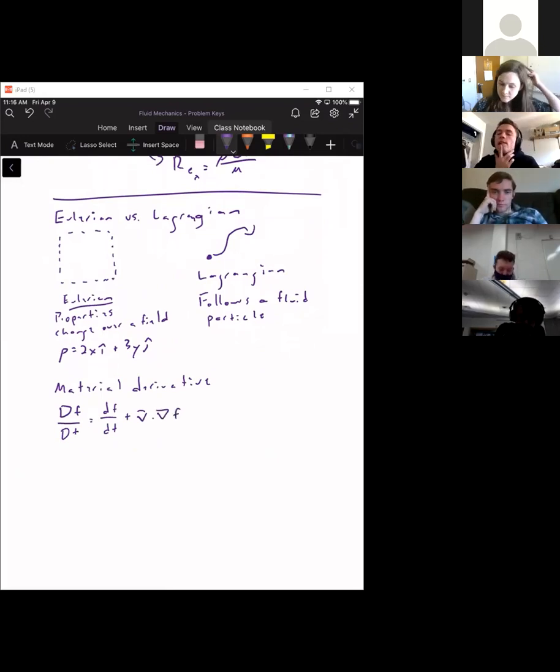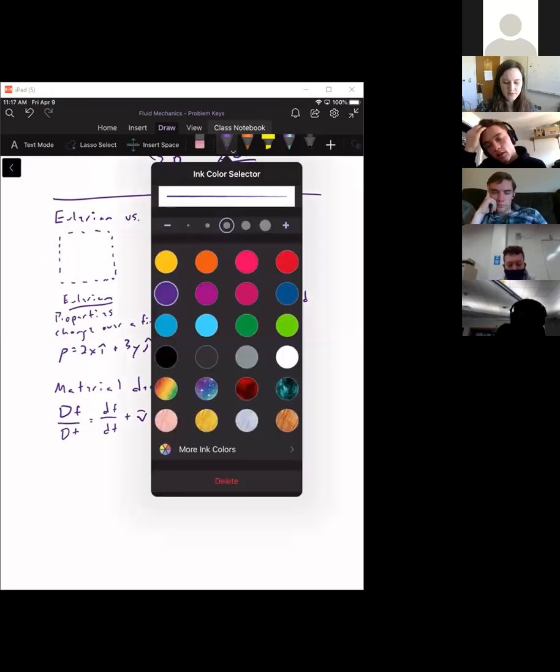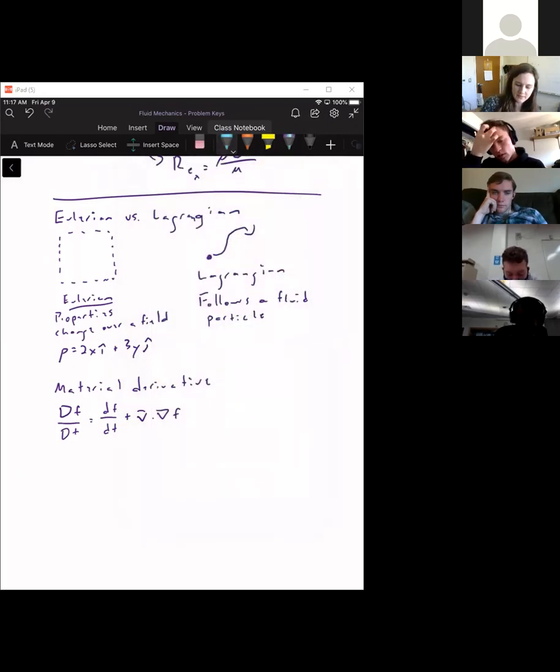Mm-hmm. So would the Lagrangian point of view only include the v dot delta f or something, or how would you do it? It's more like, so let's say we have a flow field like this.